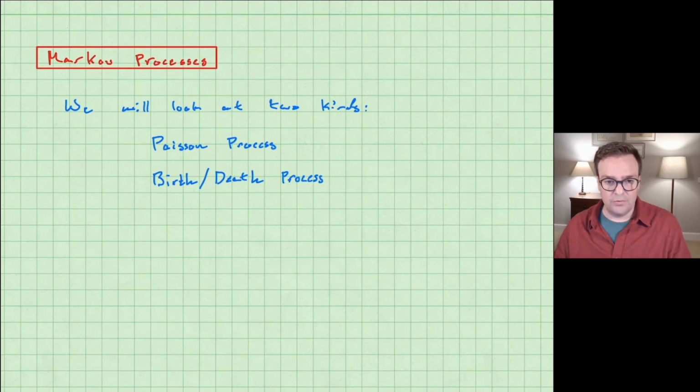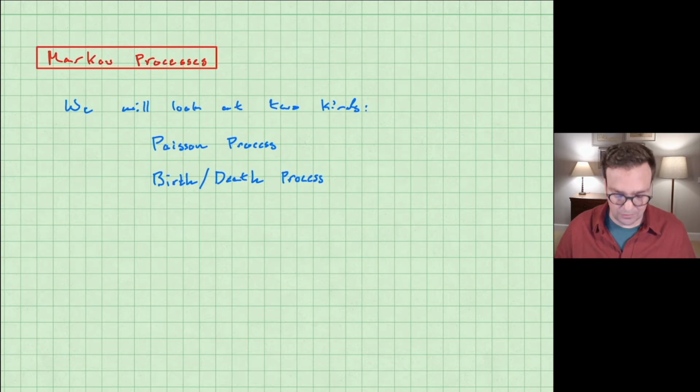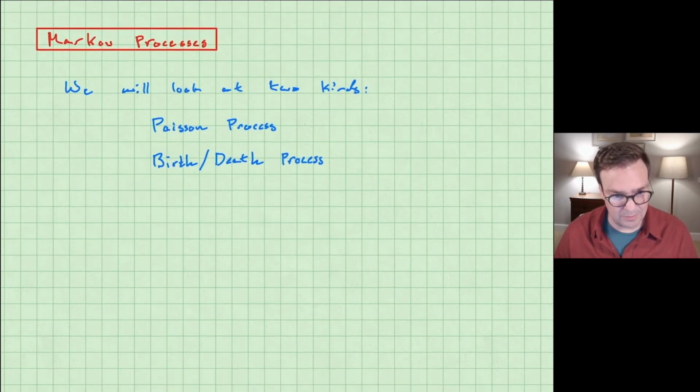Those are the 2 that we're going to spend all of our time on. After this, we'll have 2 more chapters, queuing systems and hidden Markov models, but we'll get to those after we finish this topic.